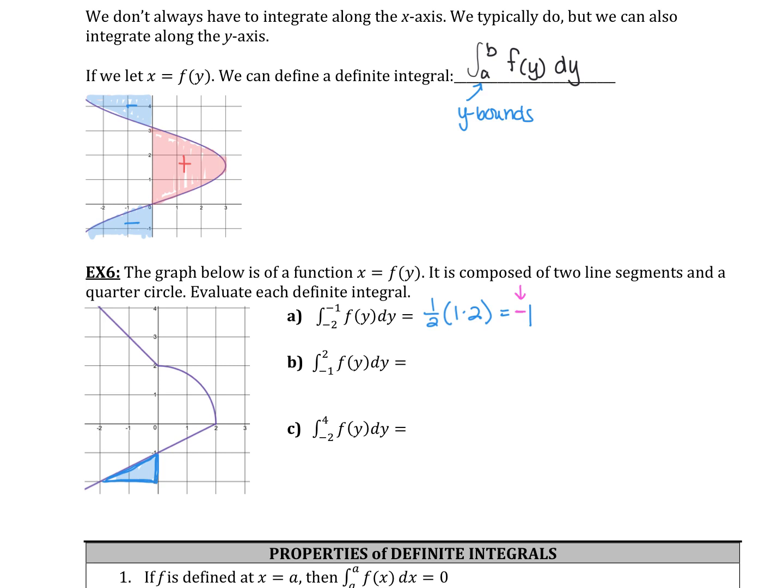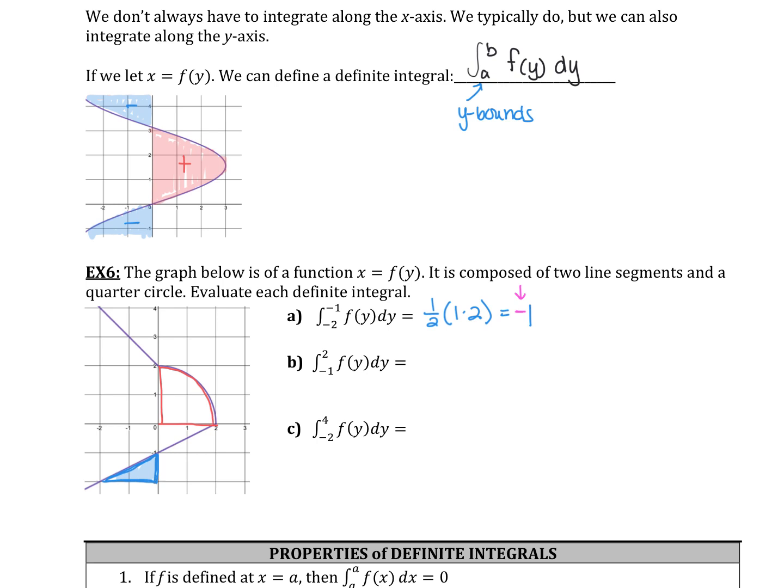Okay, let's look at the next one. The next one says, this time I want my area to go from -1 all the way to 2. Okay, well, it told me it's 2 line segments and a quarter circle. So if I separate this, I can see I have a quarter circle right here.